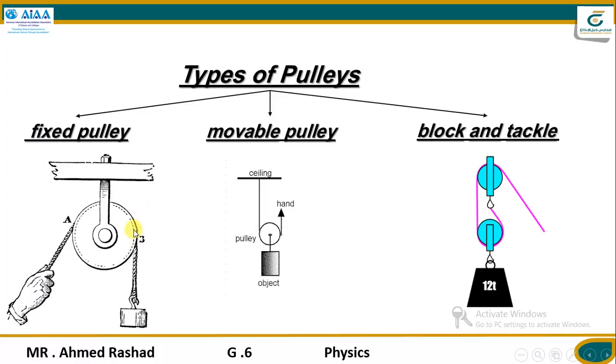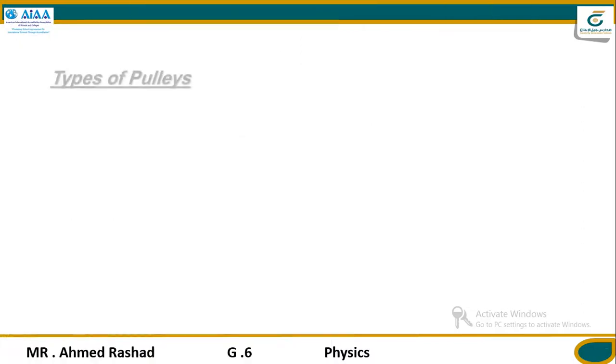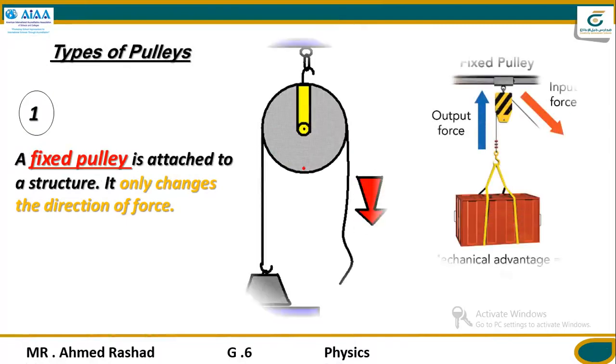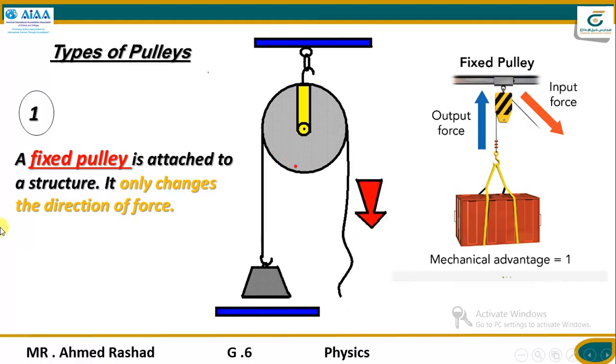Number one, fixed pulley. It's attached to a structure, and it only changes the direction of force. So here is a fixed point, and at the fixed point we can find the fixed pulley.